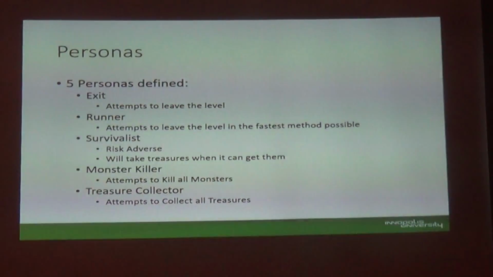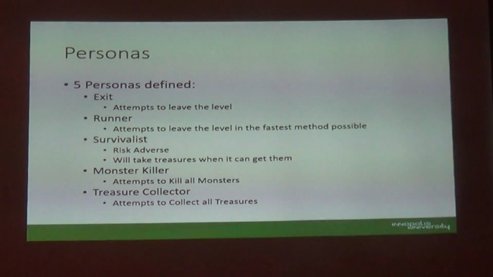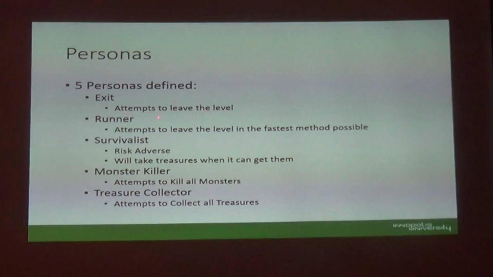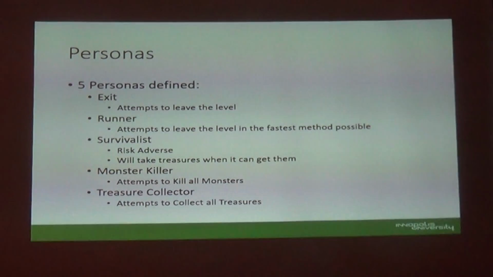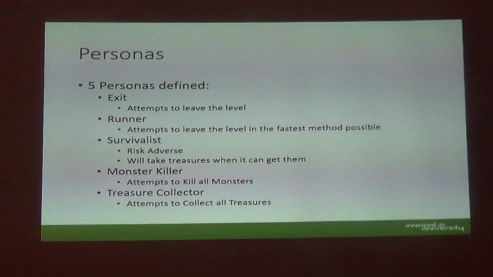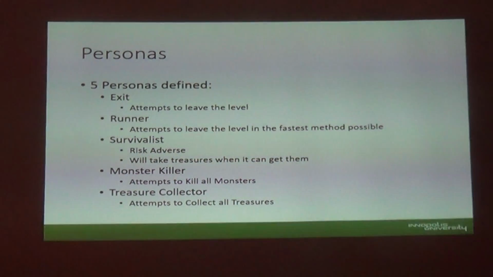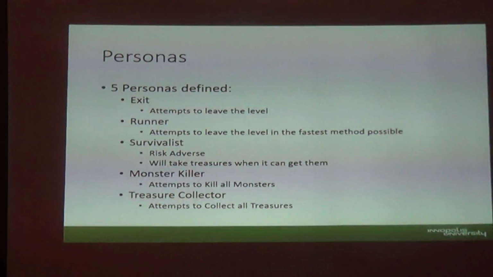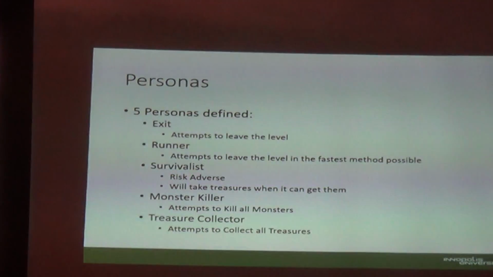Then they defined 5 different persona AIs. Exit: its goal is, I just try to leave the level. Runner attempts to leave the level in the fastest method possible. So exit is just, I'm going to leave. Runner is, here's the shortest path to the exit, run for it.